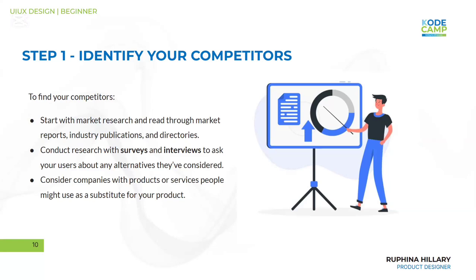Also consider companies with products or services people might use to substitute for your product. To give you a non-digital example, let's say you want to get snacks. You have gotten your drinks, maybe Coke or Fanta, and you want to get Gala, the regular one that is red and white, but it's not available.